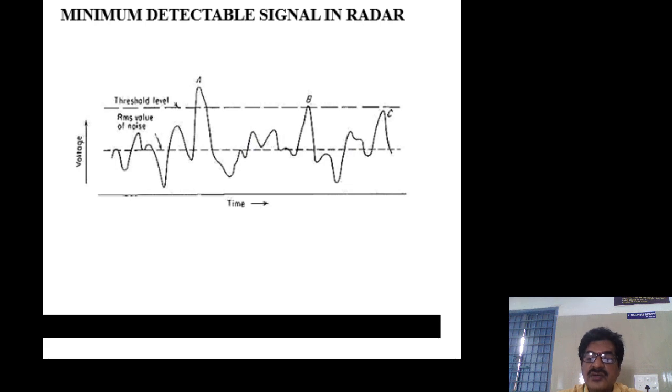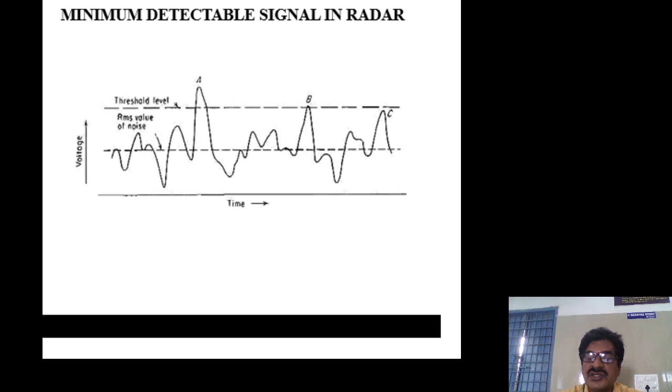Now how to detect the target from this? That is by using threshold detection.